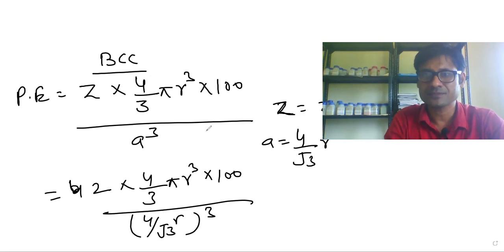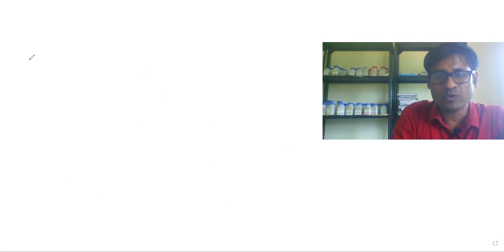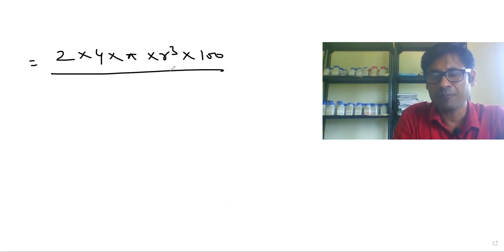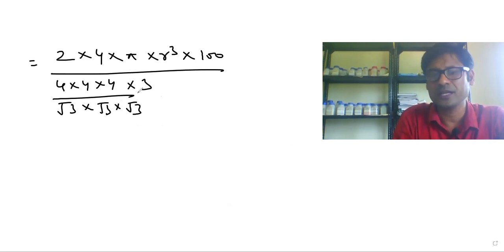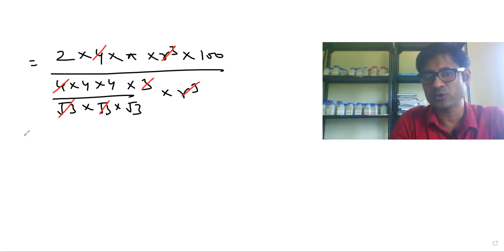Then we get 2 into 4 into pi into R cube into 100 upon 4 into 4 into 4 upon under root 3 into under root 3 into under root 3 into 3. Clear? And (4 by under root 3 R) cube means R cube is there. Then R cube and R cube cancel out each other. 4 cancel out. 3 means under root 3 into under root 3.